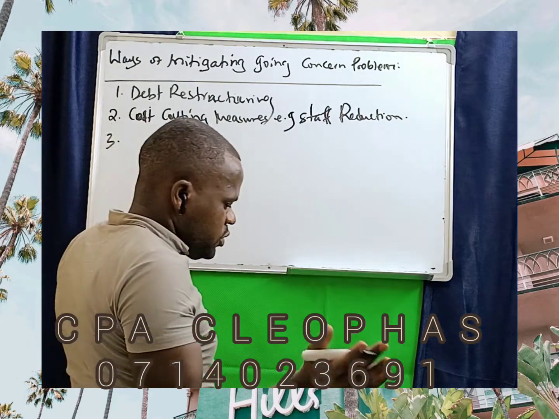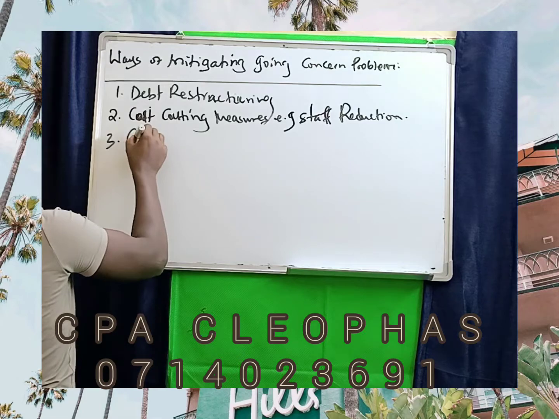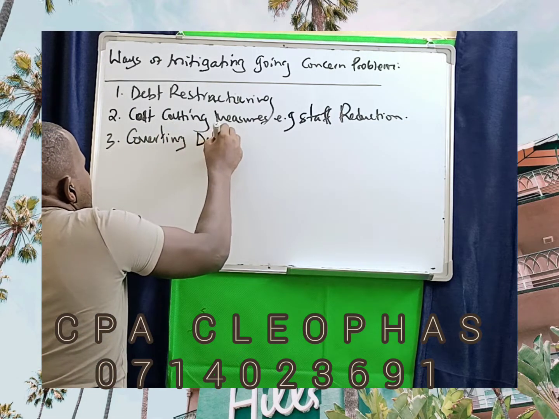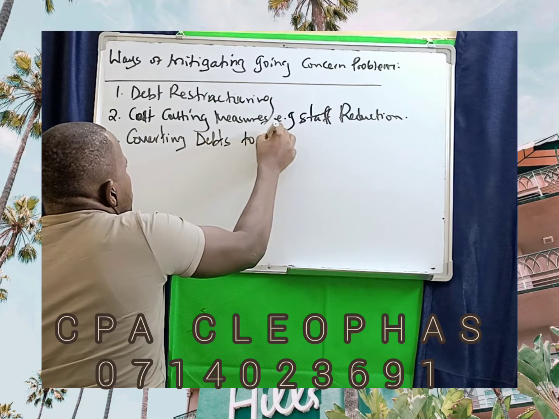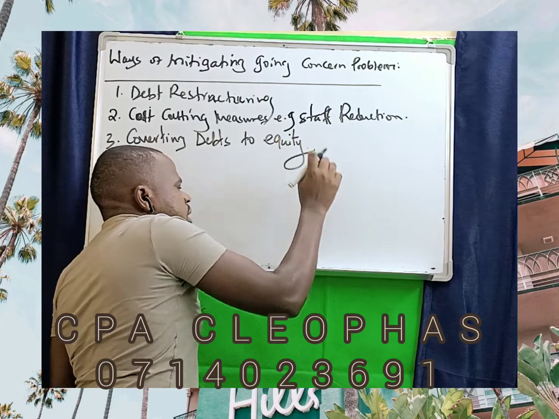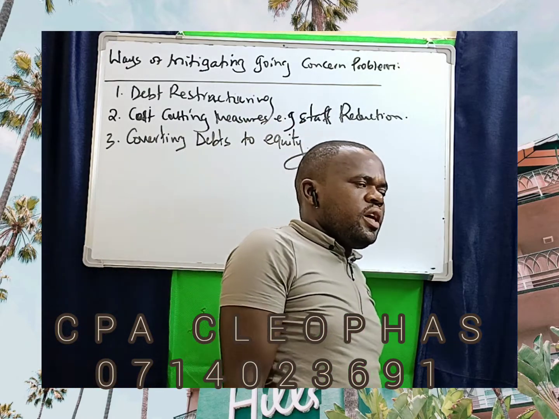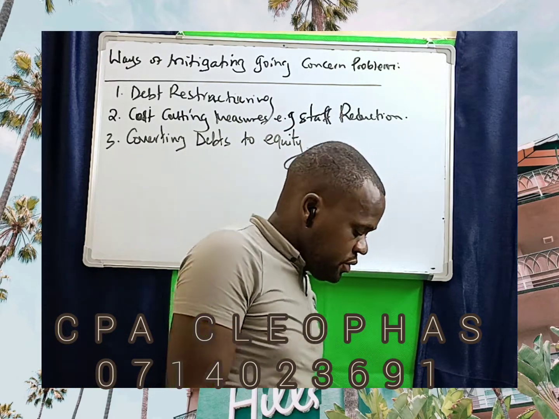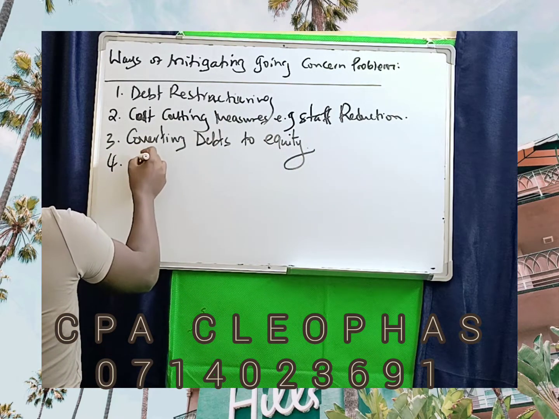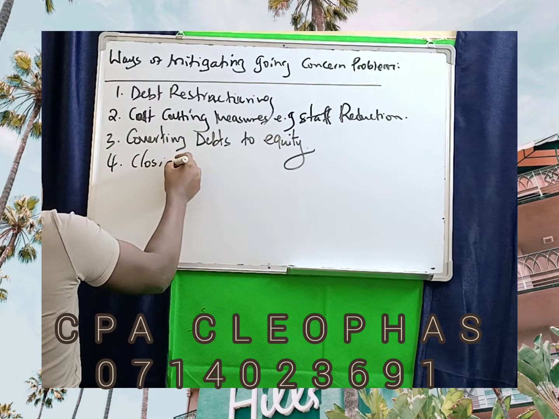It's a way of solving the problem. You can convert debts to equity. Let the creditors become shareholders in the company. If there are some branches making losses, you close them down.